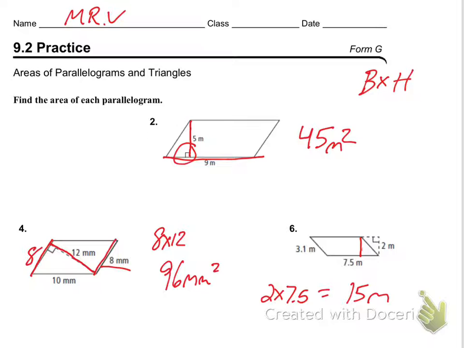And then what that does is that gives me, there's my 90 degree angle right there. And what 2 lines make up that 90 degree angle? Well, even though this one's dotted, it's going to be this one right here, right? And then this one right here. So I know this one's 2, I know this one's 7.5, and I multiply those. And that would be meters squared.